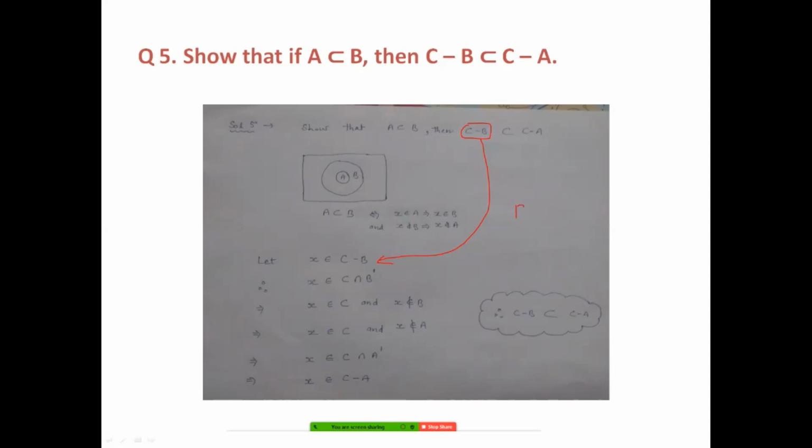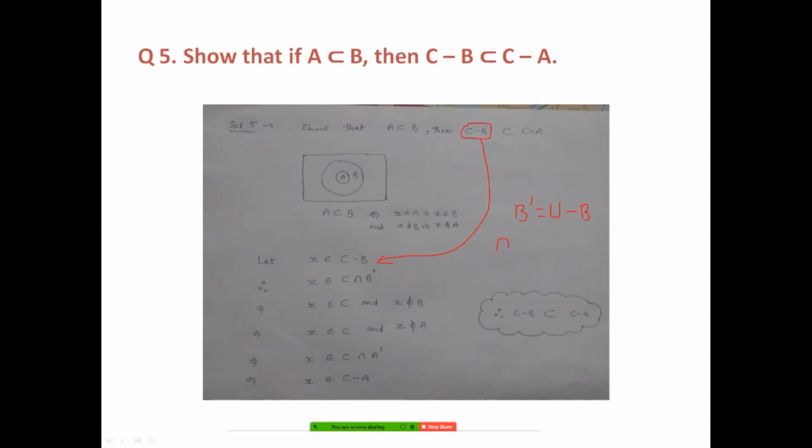What is B complement? B dash means the universal set minus set B. This is the meaning of B complement.